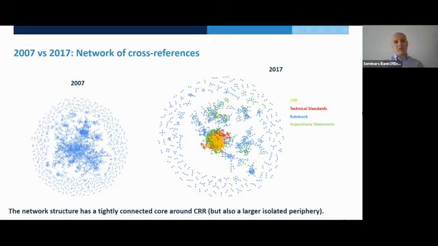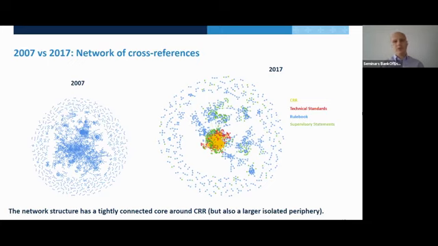So in 2007, the network was much smaller and had one source, just data regulations coming from the rulebook. Whereas in 2017, you can see this core, which is concentrated in capital requirement regulations in yellow, but there are also different sources, and the capital regulations are central to the network, and also the network became much larger, and the structure is tightly connected to rules around capital requirements.